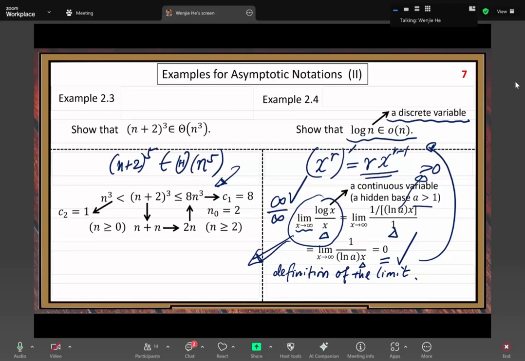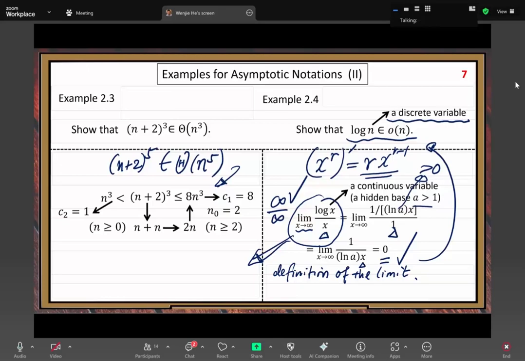And here, there is some detailed information we didn't mention. How does x go to infinity? Because when you make x approach infinity, there are many different ways to approach infinity.